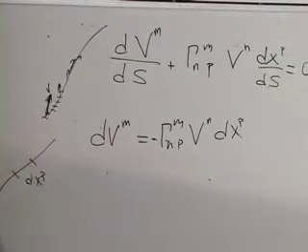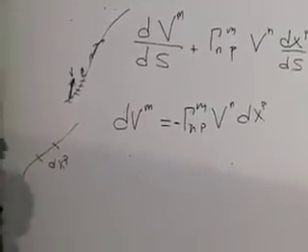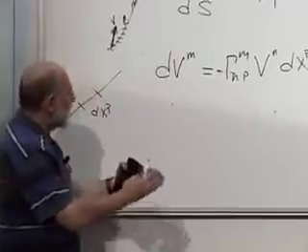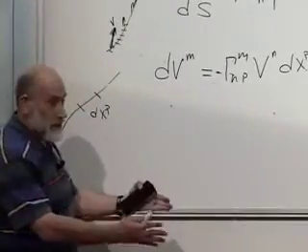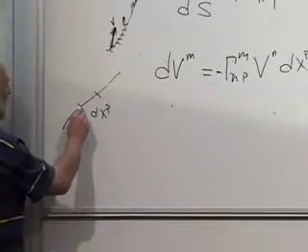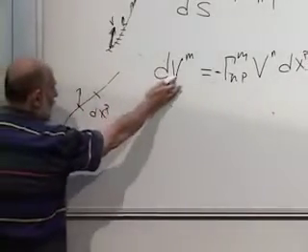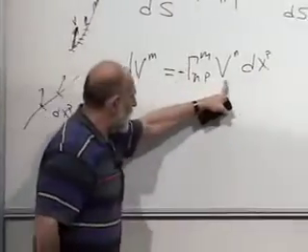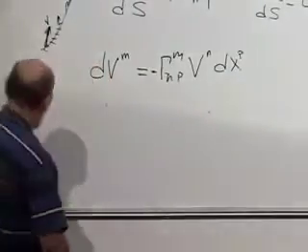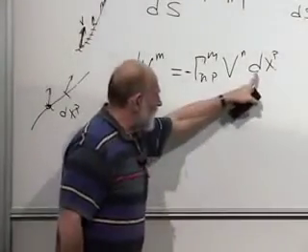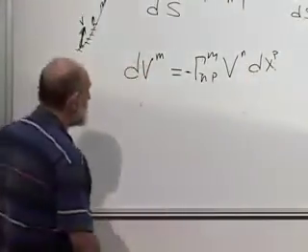And this tells me how I should vary the components of V^m as I move along the curve so that the covariant derivative is 0. In other words, this tells me how to move from one point to another. It tells me how to change the components of V, given the components of V at a starting point, and the Christoffel symbols, and the little differential displacement dx.